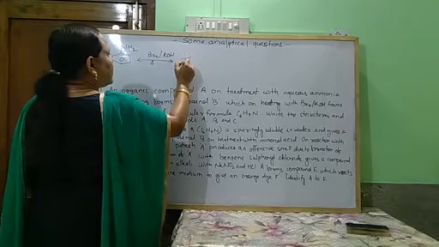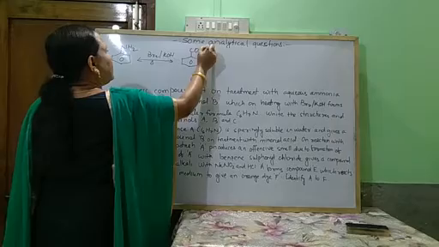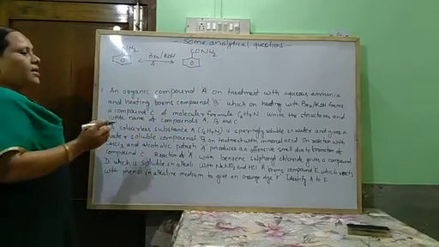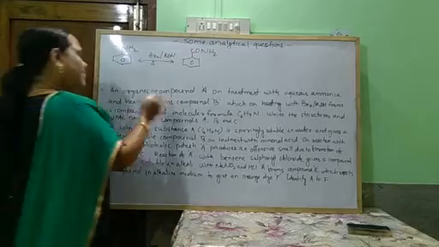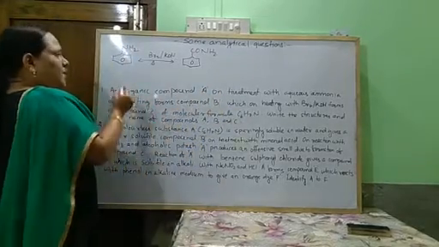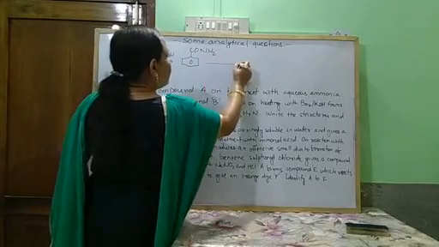So in this way that amide is benzamide, which is formed by treatment of A with aqueous ammonia. Then this is formed from what?